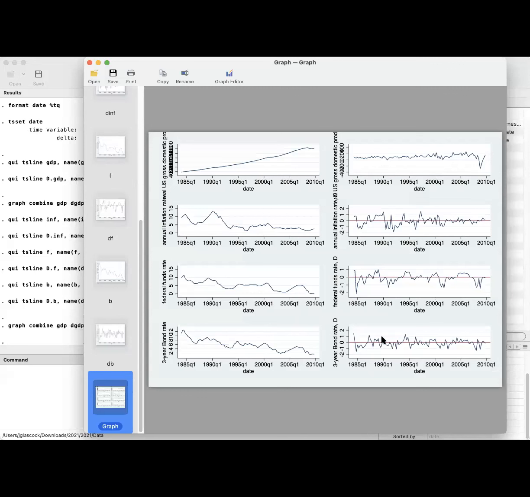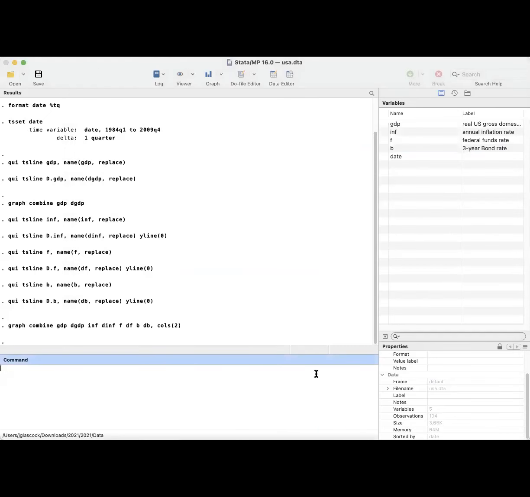So this is the result. You can put all the charts on one page, so it's easier to see, and you can definitely put that yline into this diagram as we did before. I will leave that to you. This is a nice tool to have, particularly when you're writing a paper or a dissertation and you have several charts you would like to present; you can use this command to combine them together. So this is the graph.